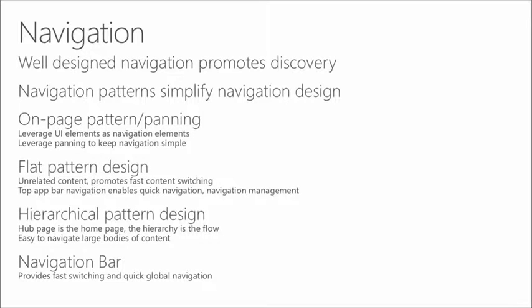And we've seen the hierarchical pattern, where there's more data. It's a large collection where I can navigate through the data, but easily come back and not go too deep so that I get lost in the navigation. And of course, the navigation bar is a very powerful tool here to help the users in a very standard way throughout all the apps to navigate through all that data and understand what's happening there.